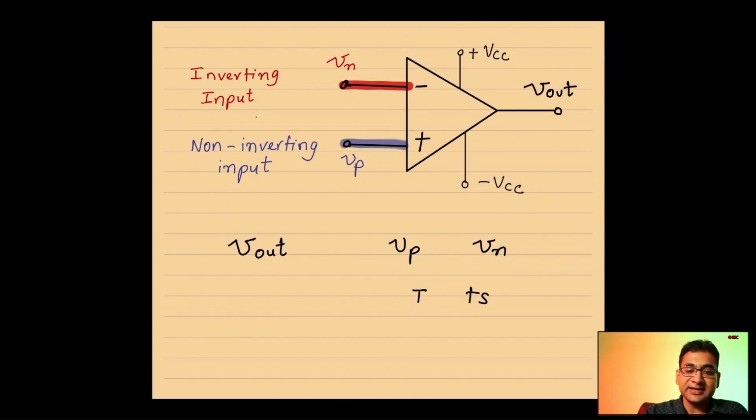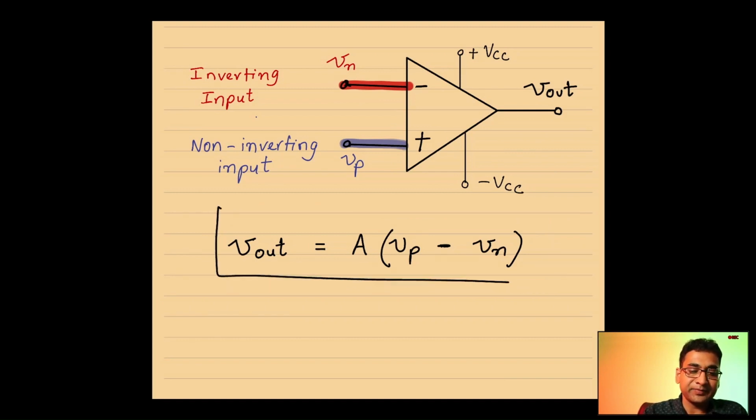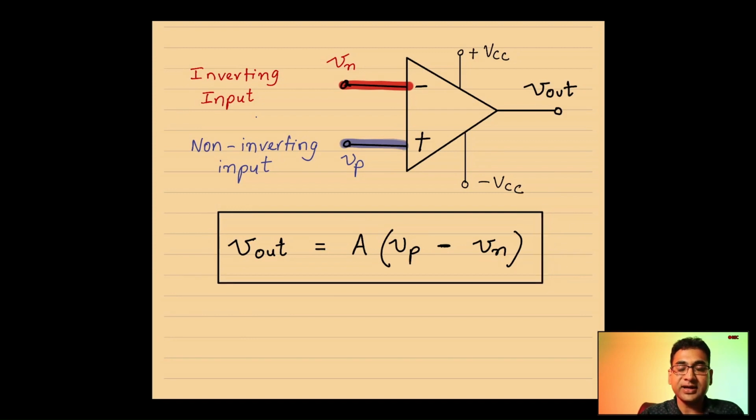Simply, in this particular configuration, the difference between VP and VN is multiplied by a constant number that forms your output. So V output, therefore, is A times (VP minus VN). That's all there is to it.